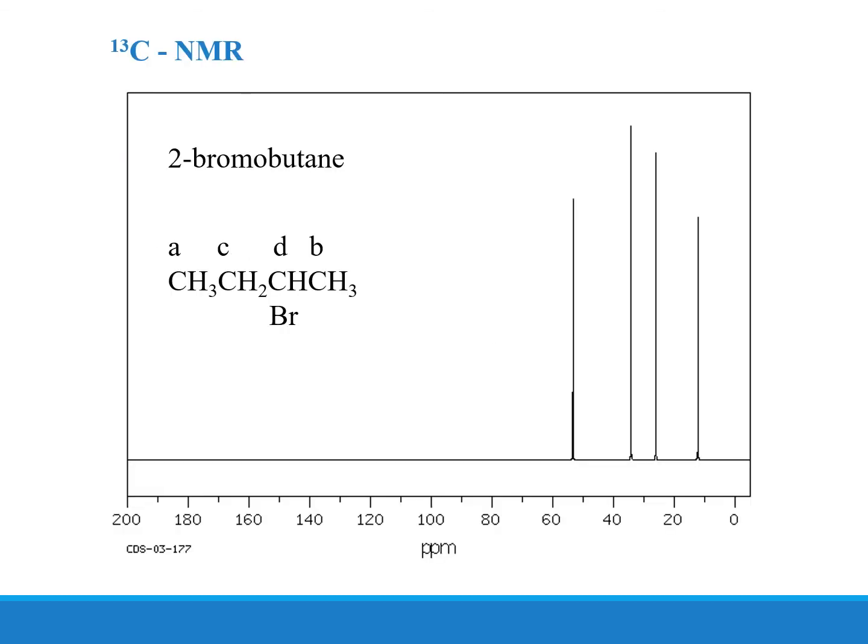For instance, take a look at this 2-bromobutane. The 2-bromobutane has 4 carbon atoms. With respect to bromine, each of these 4 carbon atoms is different. That's why you will have 4 peaks.